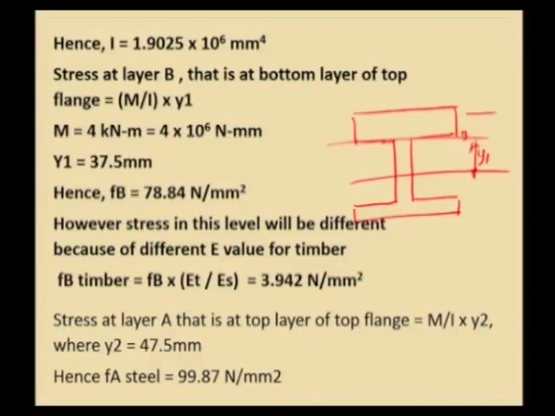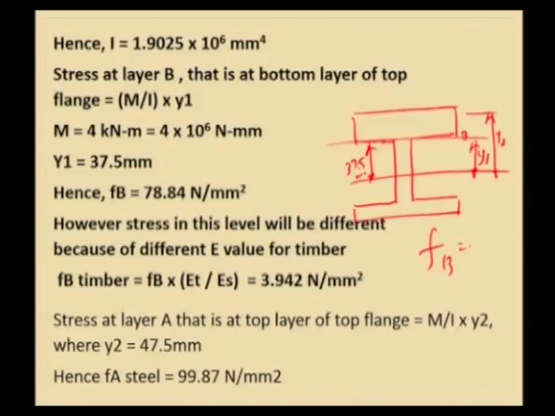This is y1 and this is y2. The y1 value we very well know is 37.5, because we have 75 mm. So, y1 will be 37.5 mm. The bending moment M is given as 4 kilonewton meter, and hence F_b, the stress at layer B, is M by I into y, which is equal to 78.84 Newton per mm squared.